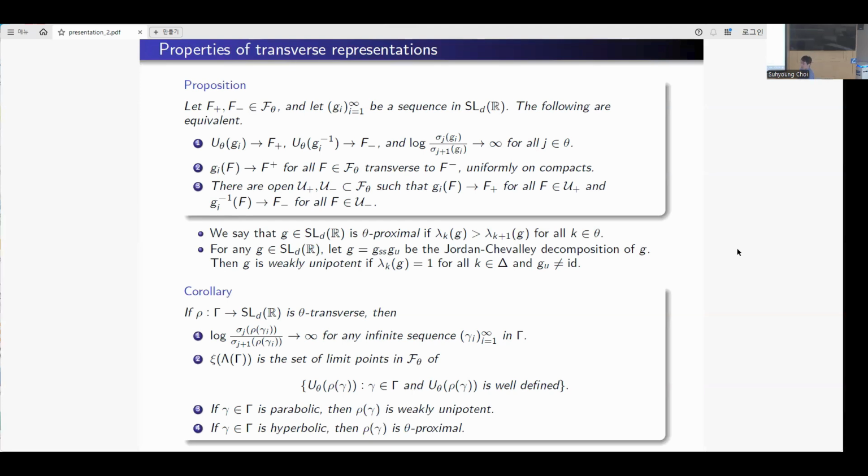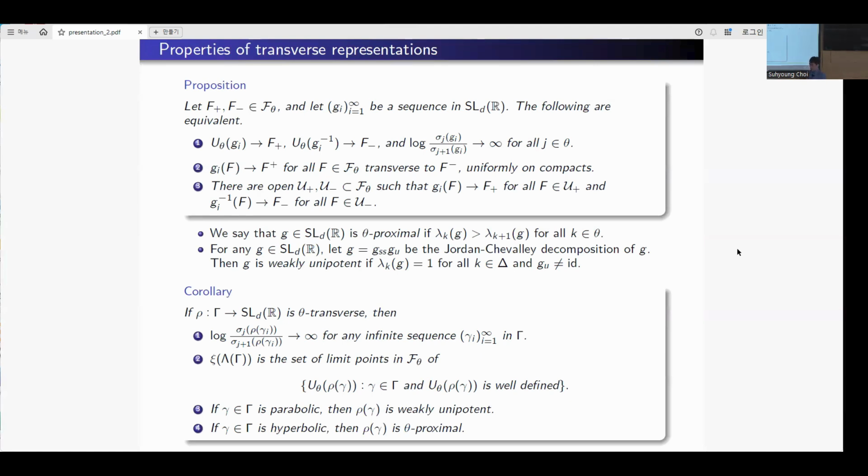Right. So I didn't write down what the lambda_i(g) is.